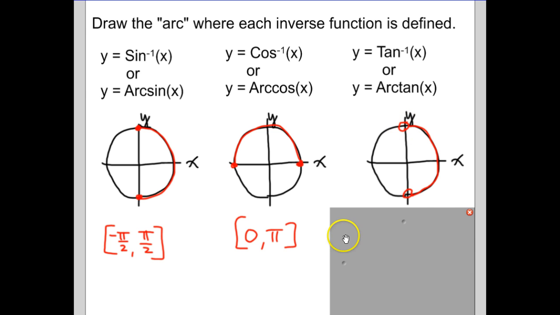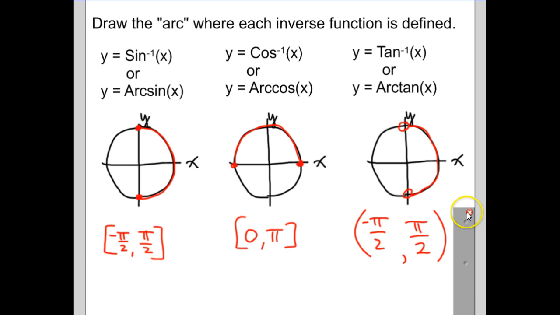I have open circles there, which lead us to this interval for the range of inverse tangent, negative pi over 2 to pi over 2, which is often confused with the sine, because this one has open circles, it has parentheses, meaning it's not including the endpoints.